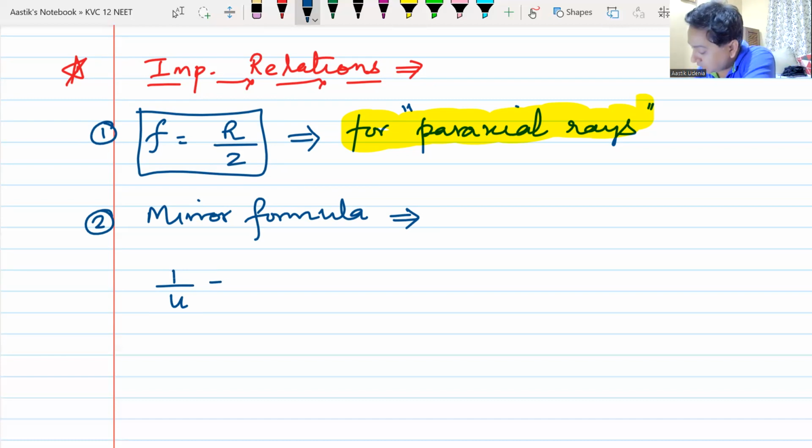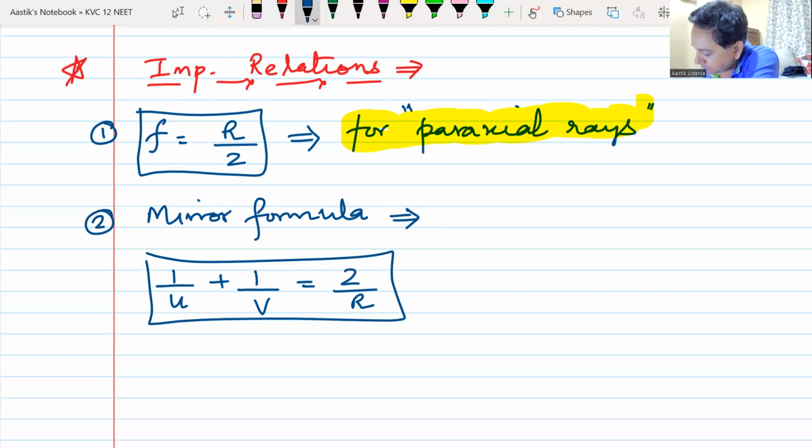1 by u plus 1 by v is equal to what? 1 by f. The actual formula should look like this, 2 by R, where R stands for the radius of curvature.